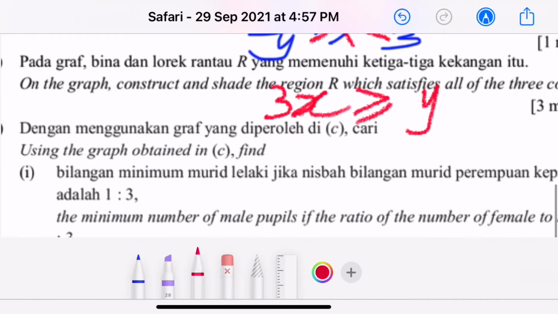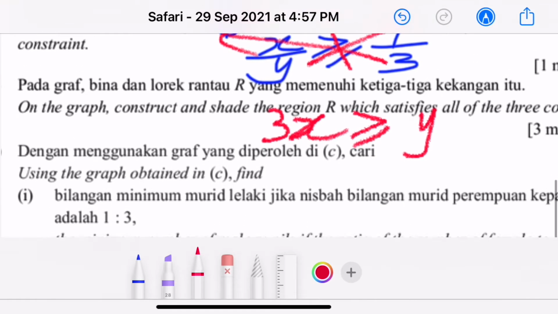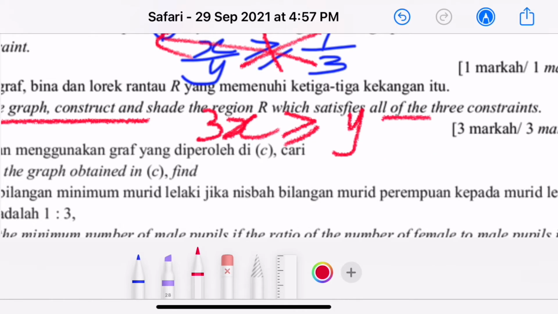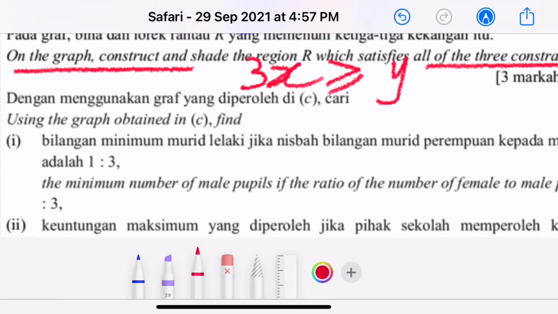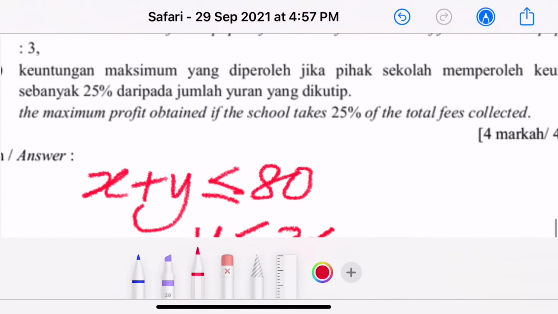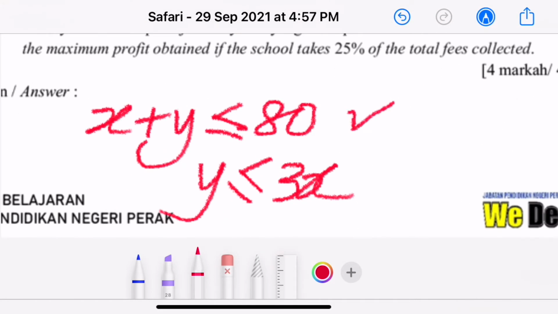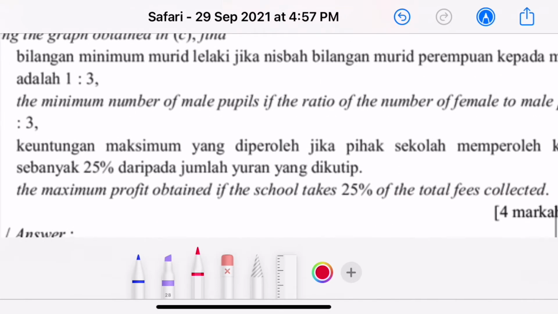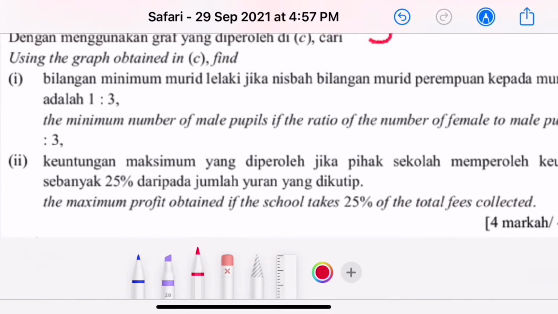On the graph, we construct and shade the region which satisfies all three constraints, x plus y less than or equal to 80 and y less than or equal to 3x. We are going to use a graph to find the solution.